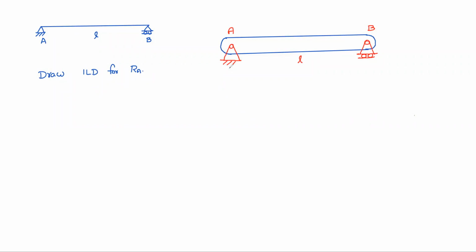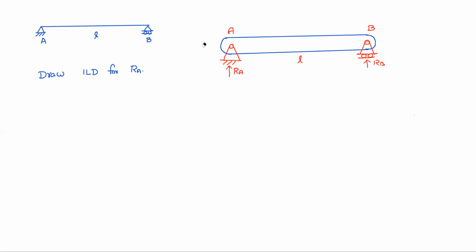For example, you are not allowing the support to settle down. That's why you are getting RA here. Similarly, you are not allowing the beam to displace in horizontal direction at A. That's why you will get the horizontal reaction at A. Similarly, you are not allowing any displacement in vertical direction at B also. That's why you will get RB also. If you apply only vertical loads, you will not get any horizontal reaction, of course.